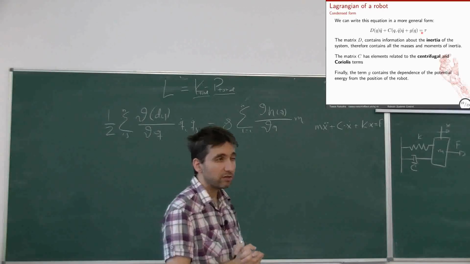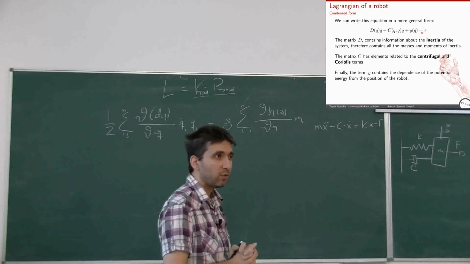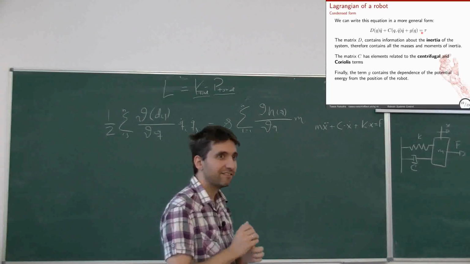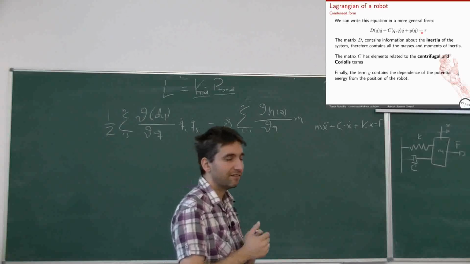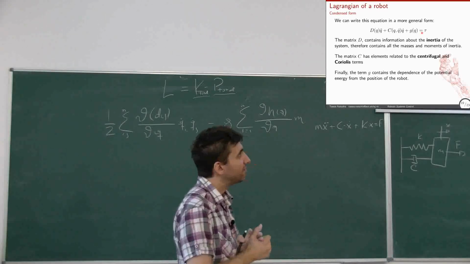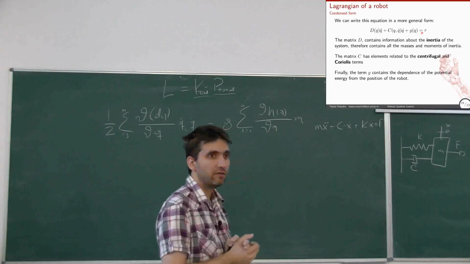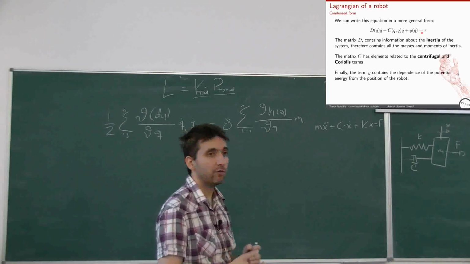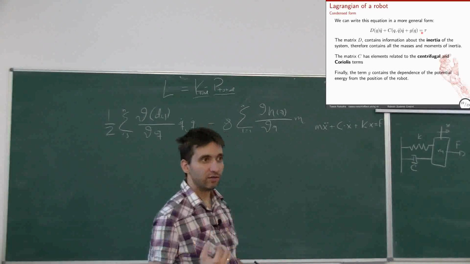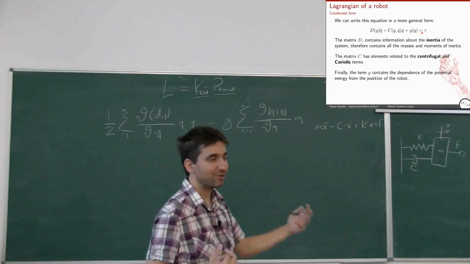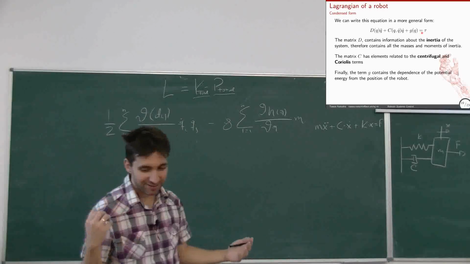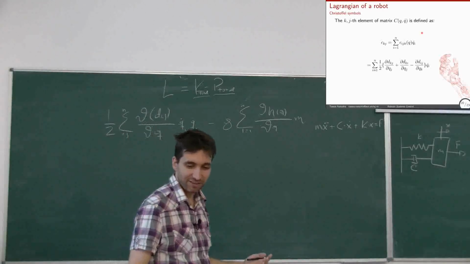Is this what I want? What do I want? The acceleration of the end effector, right? So I want the inverse dynamics. So this is the dynamic model, and what we always want is the inverse.